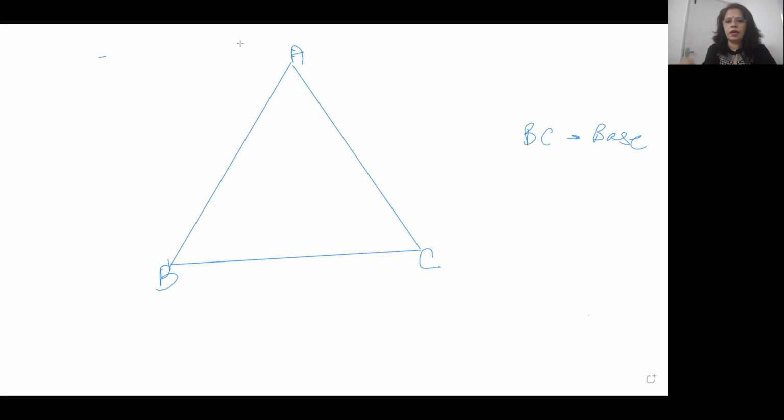Base. And as I told you, AB and AC, these are the refracting faces, or you can say the plane faces where the refraction takes place.